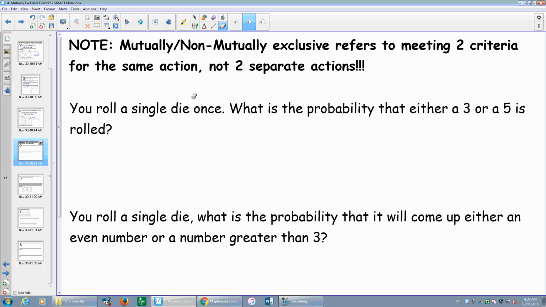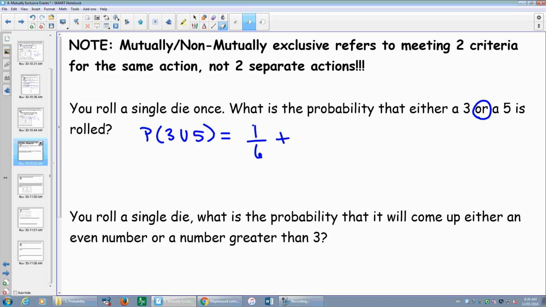What do you think you would say for that, Mike? Okay, good. How did you get that? Okay, so I can look at this. The probability of rolling a 3 is what? 1 out of 6.